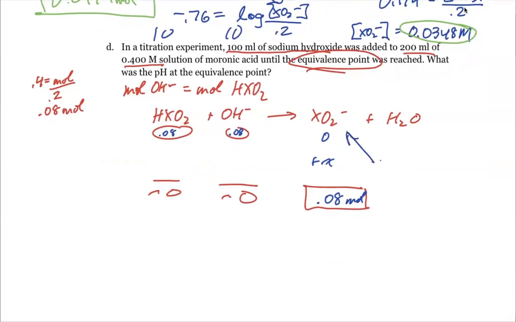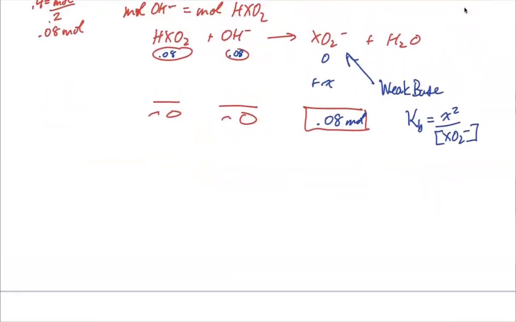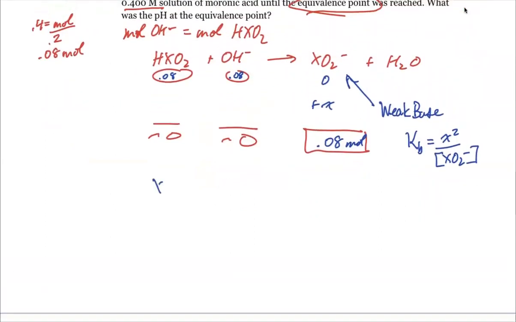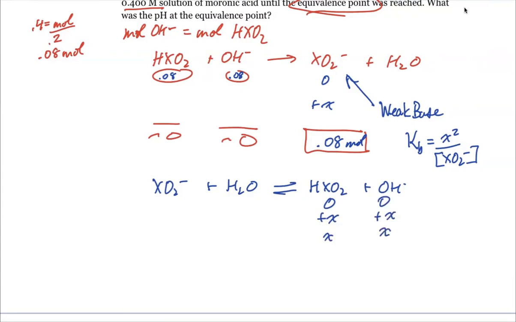This is a weak base. So I'm going to need to do a KB expression, treating that as a weak base, which means I'm going to need its molarity. In reality, I should be writing the reaction with water of that weak base, which is what makes that KB expression I just wrote valid.